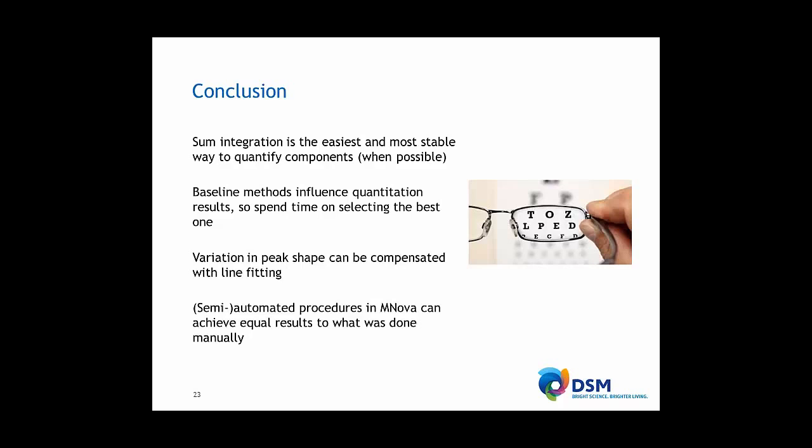So spend time on selecting the best one, and that of course can change depending on which kind of application you're using. The variation in peak shapes can be compensated with line fitting, especially with fixing the peak height.